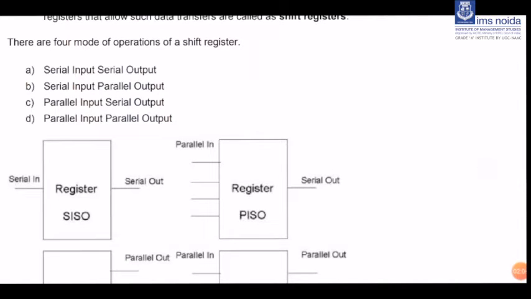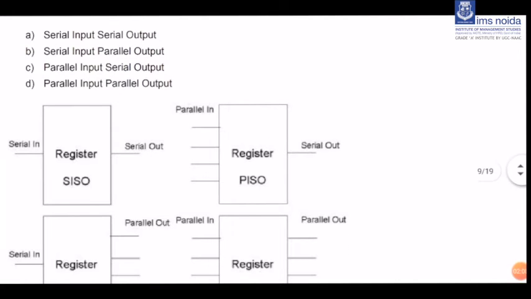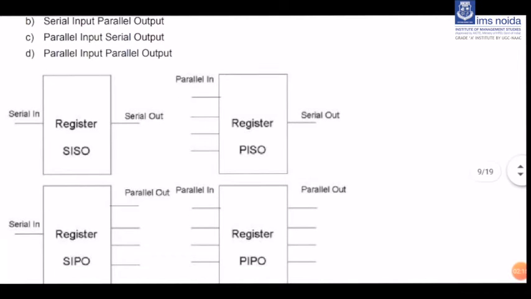There are four modes of operation of a shift register: serial in, serial out, SISO; serial in, parallel out, SIPO; parallel in, serial out, PISO; and parallel in, parallel out, PIPO.